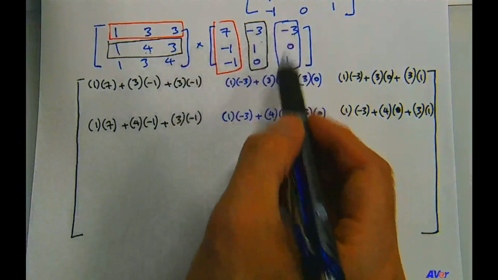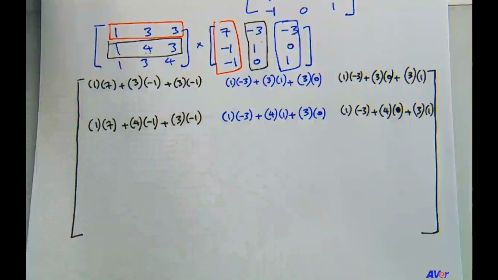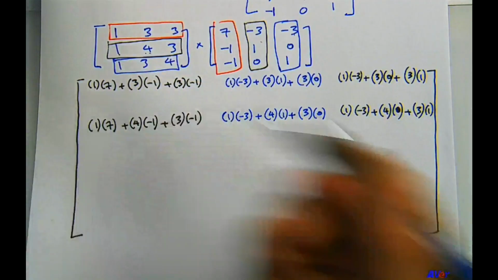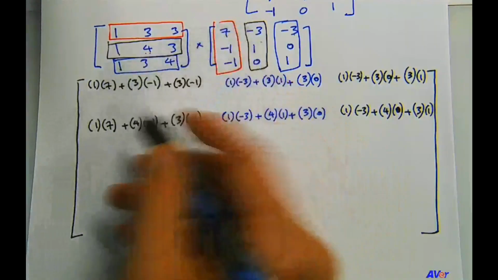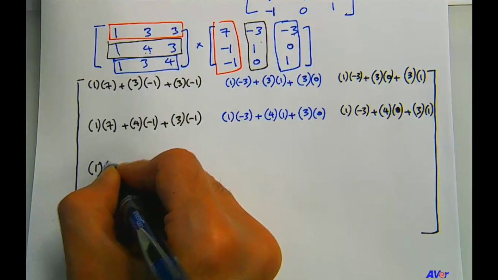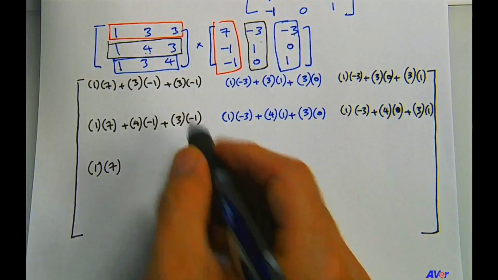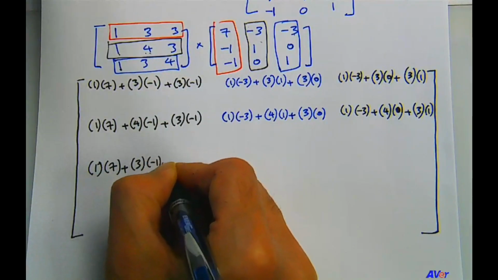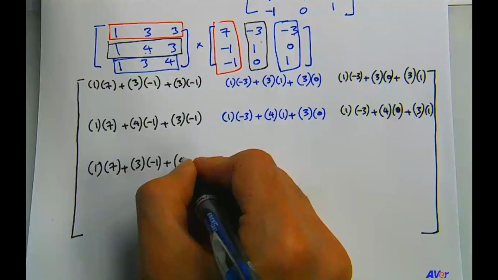Okay, so we ran out of columns again. That's when we move to the next row, or in this case the last row, and repeat the same procedure. 1 times 7, 3 times negative 1 plus 4 times negative 1.